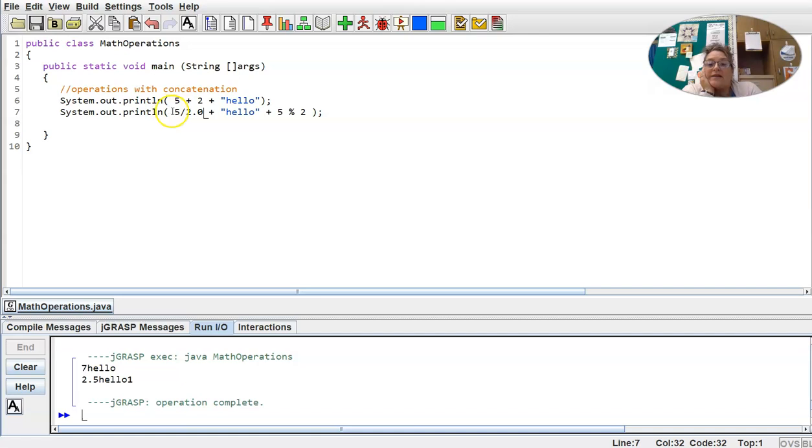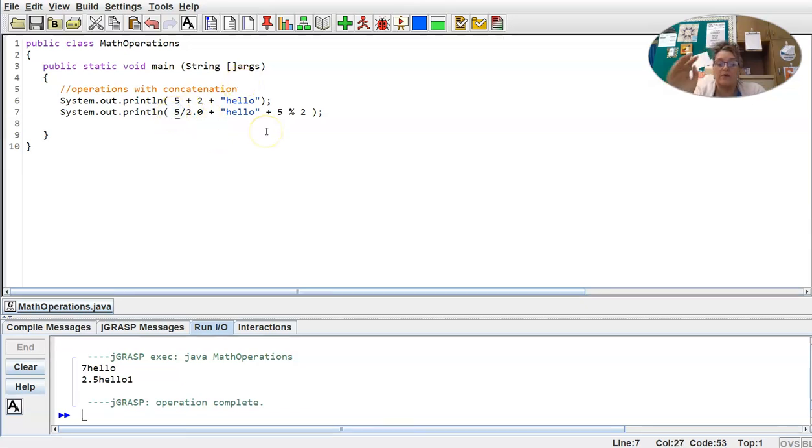Now, if you have an integer divided by a double, but you really want that output to be an integer, remember, we talked about casting. So I could cast this result as an integer. So now Java would do the 5 divided by 2.0.